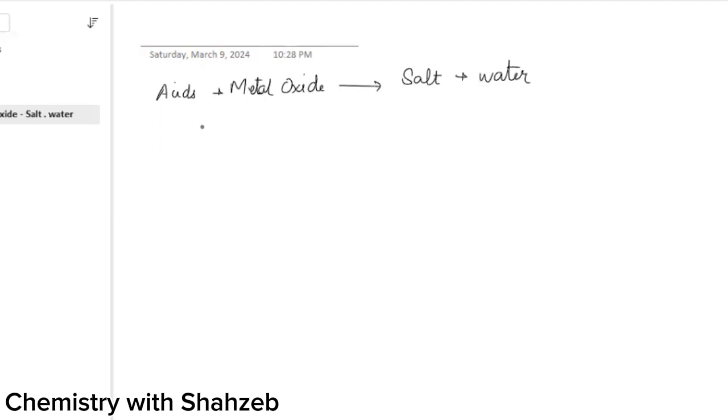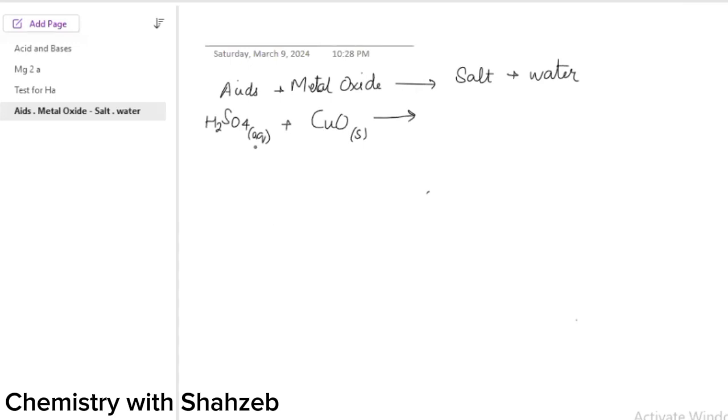But the oxide of copper can react. So when acids react with metal oxides, they form salt, copper sulfate. Copper has a +2 charge, sulfate has a -2 charge, so it forms copper sulfate. And with the formation of water, which is in liquid form, the salt is in aqueous form.